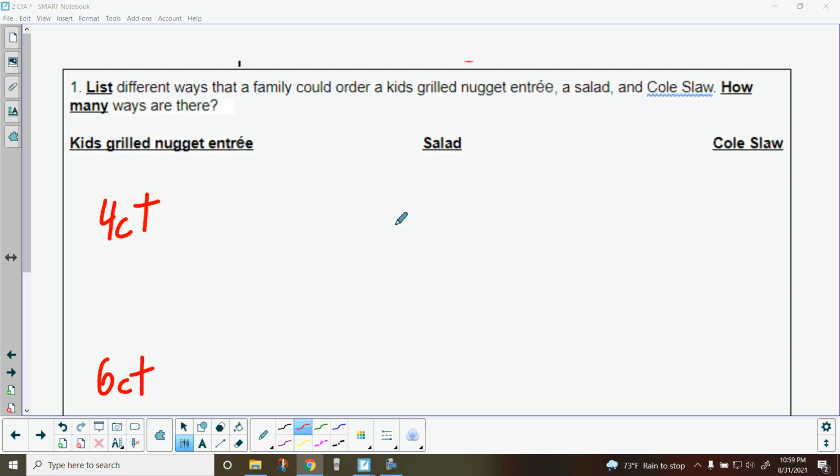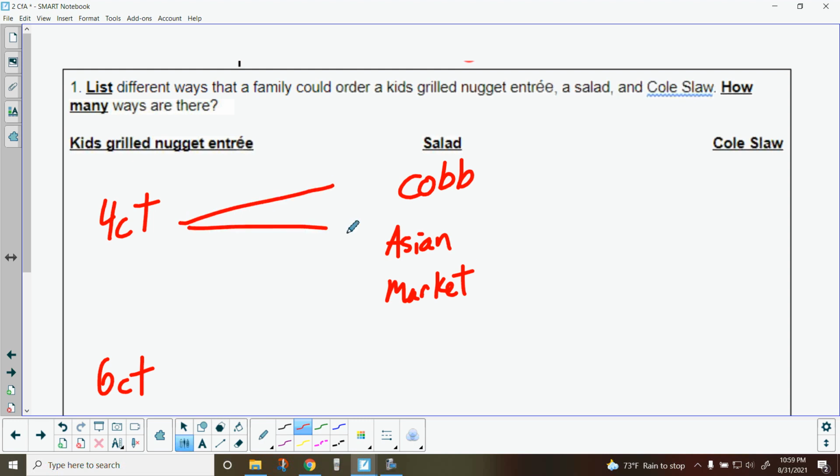Yeah, the Cobb, Asian, and the market. Okay, so just like a tree diagram. Coleslaw was the medium and the large.